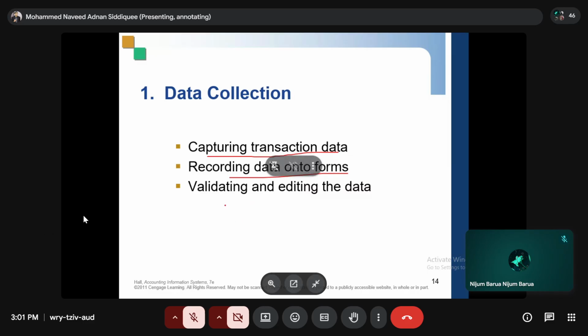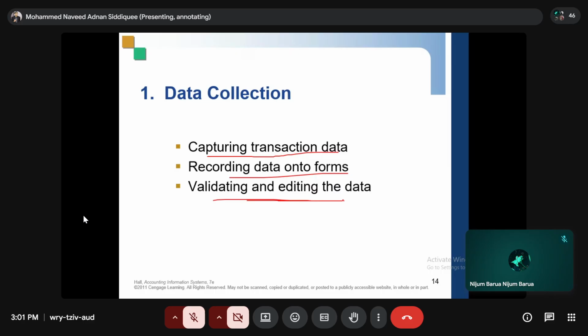And there are checks and balances to validate and edit the data, which means that when the data is given as an input into the form, if there are any mistakes, there are checks and balances to make sure that this is identified.